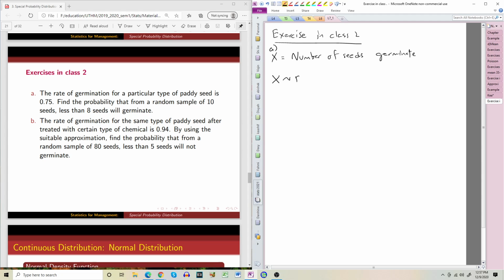A is binomial with n 10 and p is 0.75. You can see that n is not greater than 30 and is not big. P is greater than 0.1. P is quite big. So we cannot use the approximation here. We have to use normal binomial, the normal equation. Question is, find the probability that less than 8 seeds will germinate.